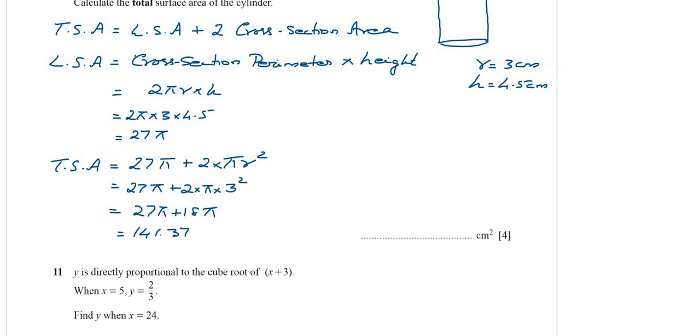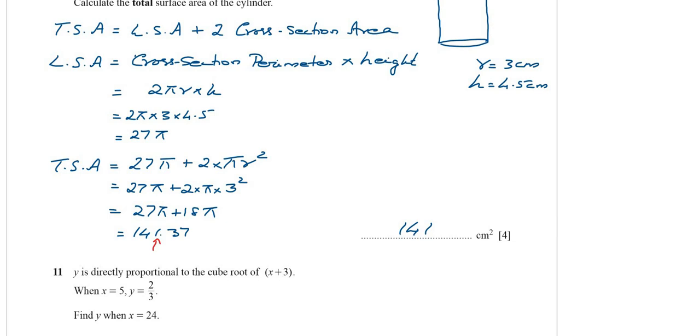When you round it to three significant figures, this is the third figure: 1, 2, 3. The next digit is less than 5, so you keep it as it is and write the answer 141. Okay, like this you can finish this question. I hope you understood.